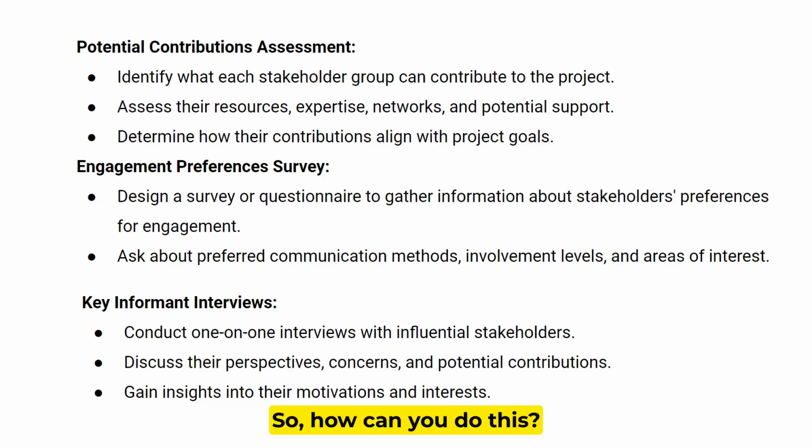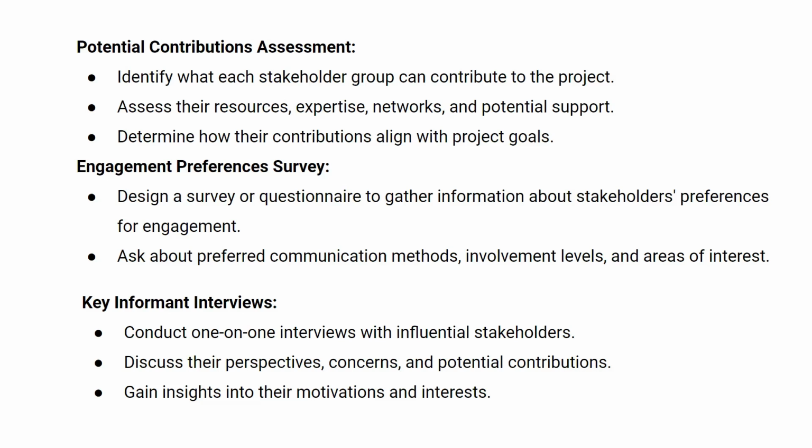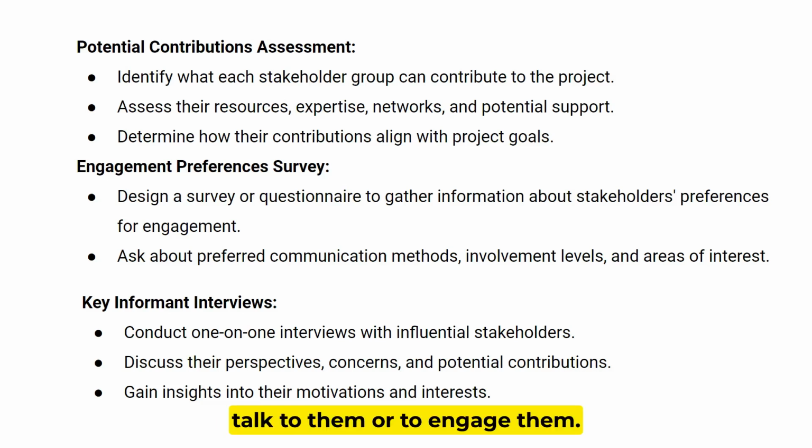So how can you do this? You can do this by designing a survey or questionnaire to gather information about stakeholders' preferences. You can't just conclude that for this stakeholder, we are going to be using email to engage them.